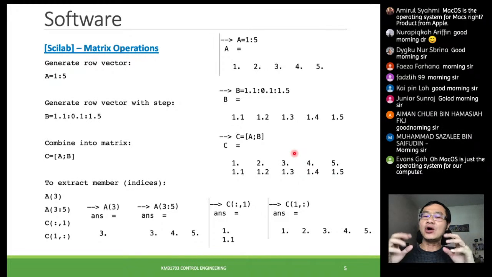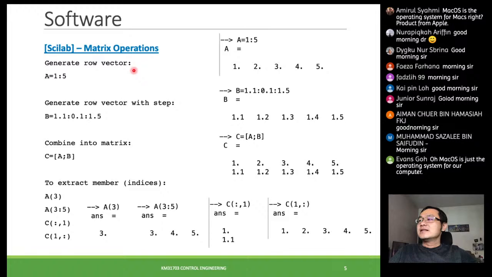You can always Google it. The commands are almost 95% similar. So if you learn this, when you want to use MATLAB it would be very easy. It's just a matter of the syntax and so on. But basically they are 95% similar.